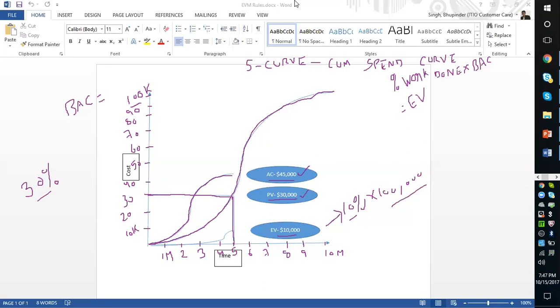That is $100,000. Till now, how much did you plan to spend? You are 4 months in the project, 5 months, 5.5 months in the project. Till now, how much did you plan to spend? Which is going to be a portion of your BAC. It cannot be the complete BAC. So till now, how much did you plan to spend is the planned value.